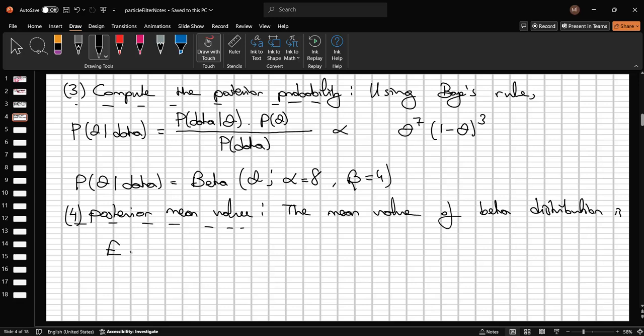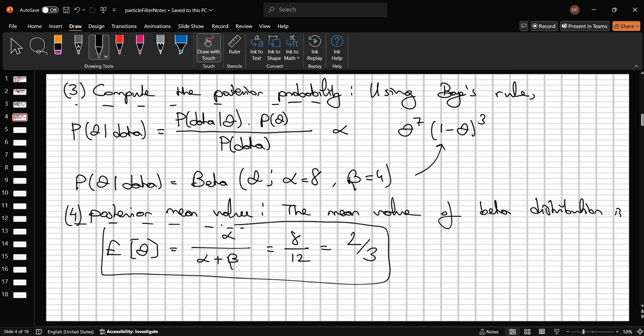This can easily be calculated by the expected value alpha over alpha plus beta. Alpha comes from this one and beta from this one, so 8 and 12, and 8 divided by 12 is given in here.